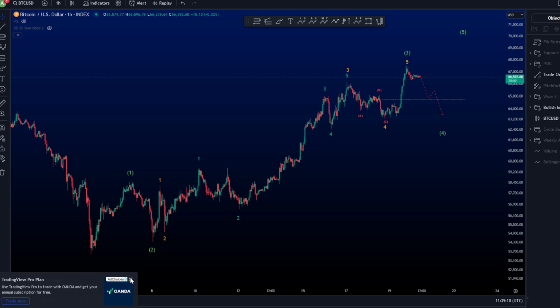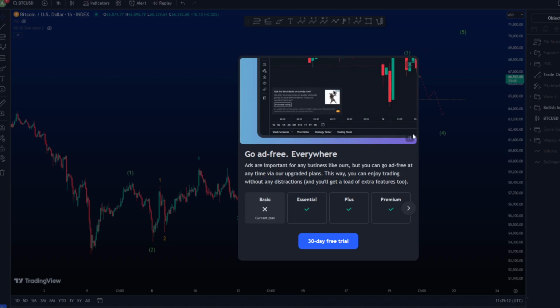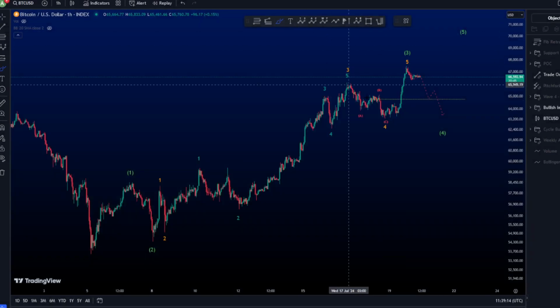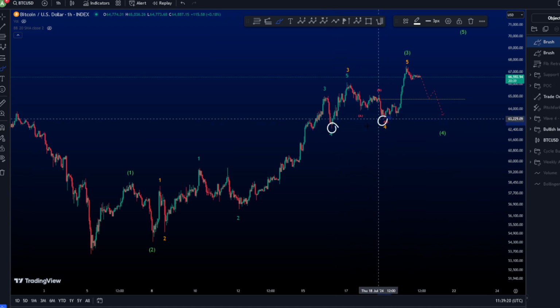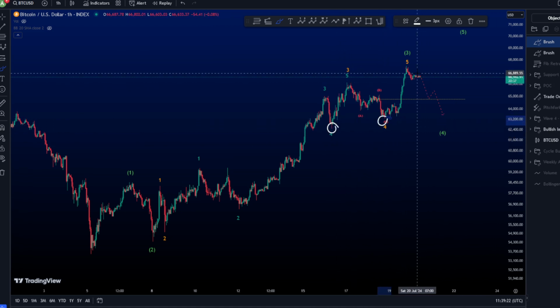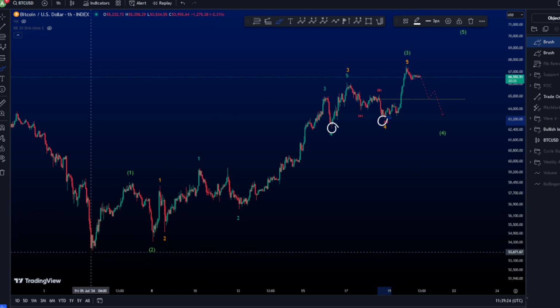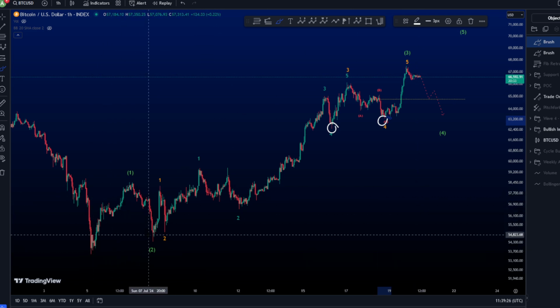All right, so where could this retracement go now? Before we got a 0.23, 0.23, and to be honest, I don't expect that this would be only 0.23.